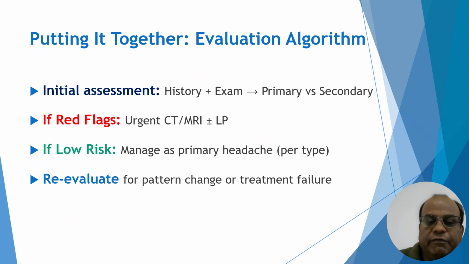If there are red flags, you have to do urgent CT scan, MRI with or without lumbar puncture. If the patient is low risk, you can manage as primary headache per type. And always re-evaluate for pattern change or treatment failure.